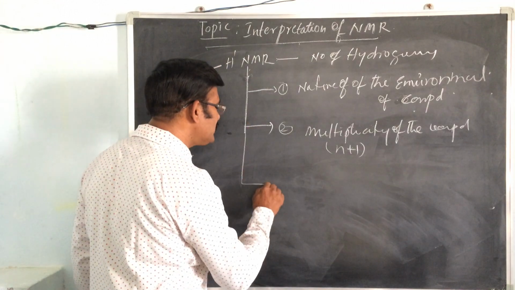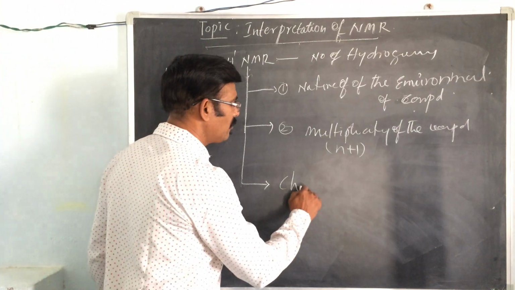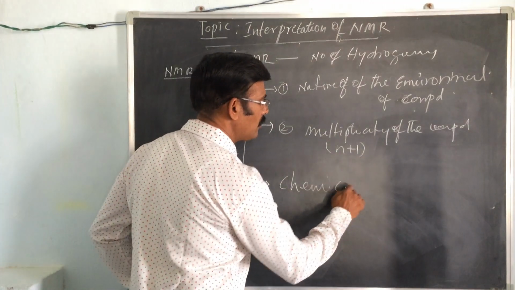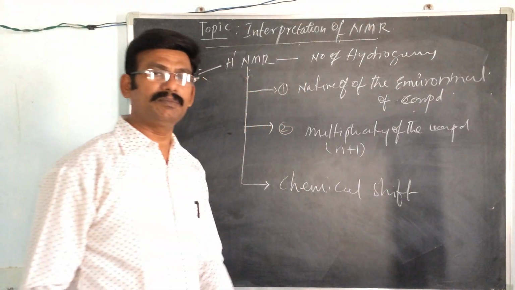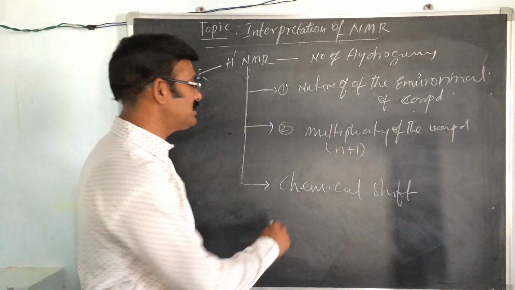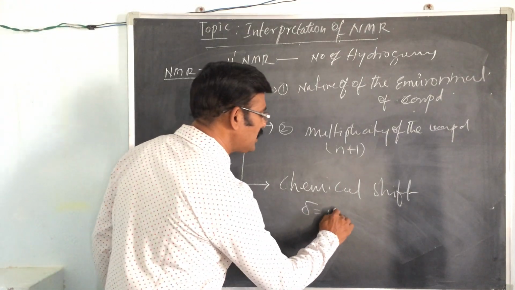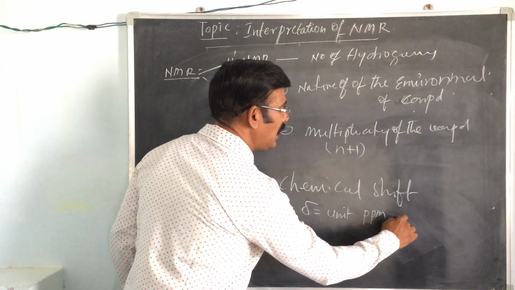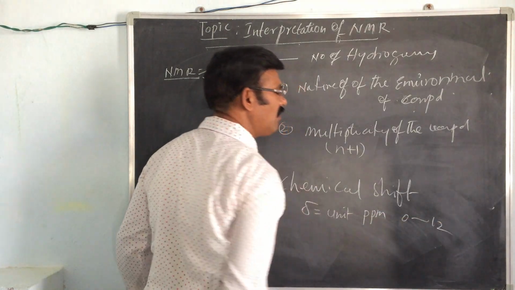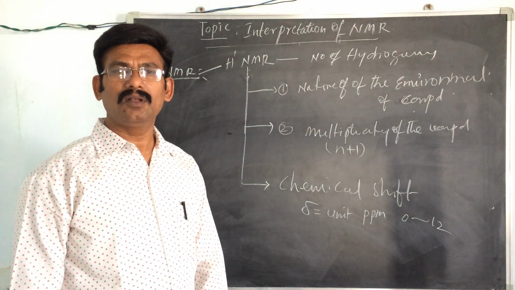Now the third one is the chemical shift. The chemical shift is the delta. We have to indicate the delta. The delta units are ppm, ranging from 0 to 12 or so.